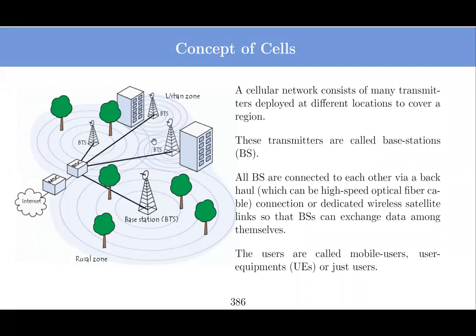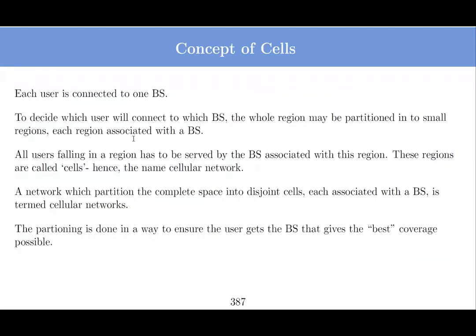Now you want to increase it. If you go up to this limit, these regions are touching each other, but there is still a coverage hole. If you want to cover that, you have to further increase the coverage area, and eventually all points will be covered, but there will be multiple locations which are covered by multiple base stations.